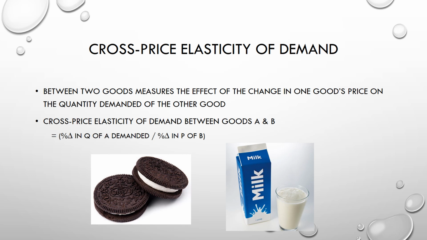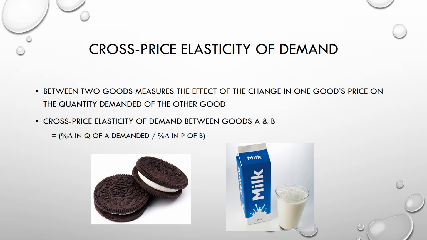So here's your equation: the cross-price elasticity between goods A and B equals the percent change in the quantity of good A demanded divided by the percent change in the price of good B. So if Oreos are A and milk is B, we have a change in the price of milk. Let's say the price of milk increases 20%. We know that Oreos and milk are complements.